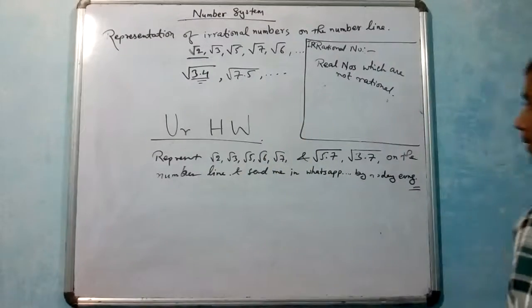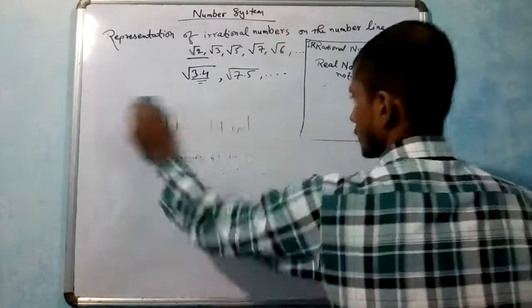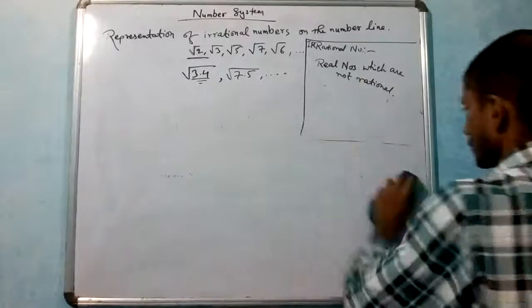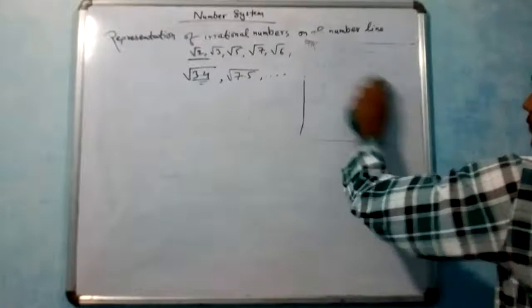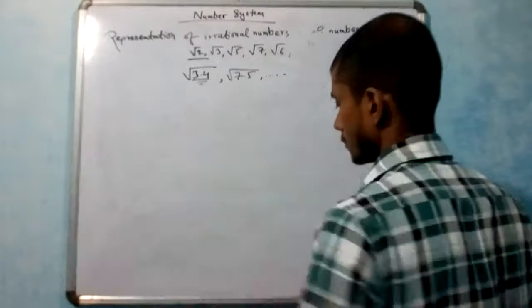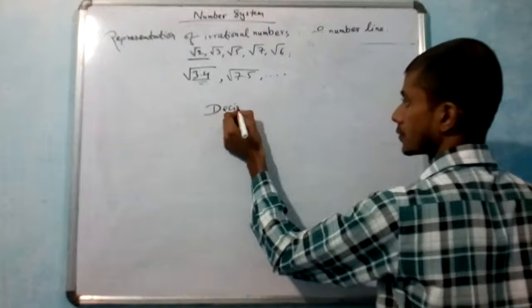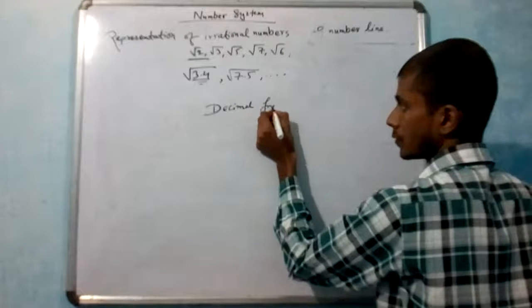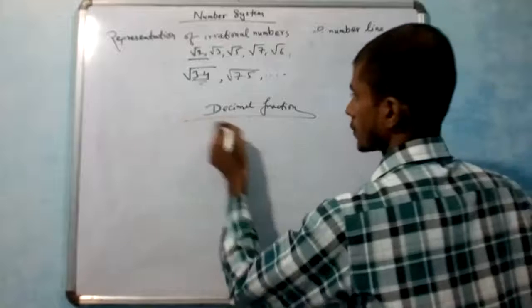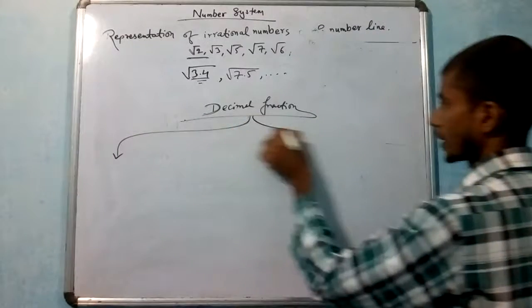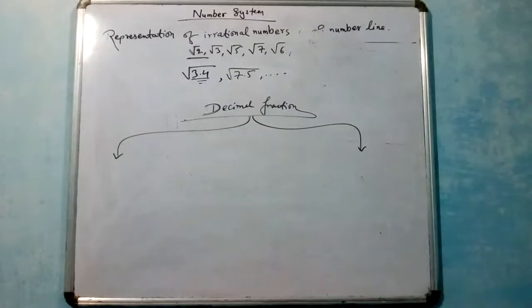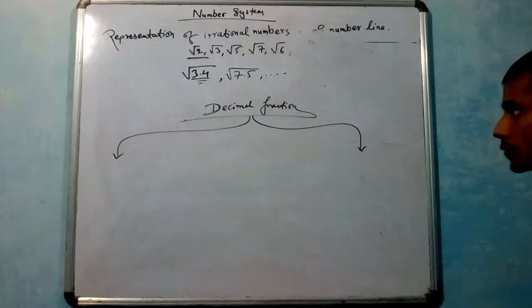Now, tell me this. The decimal fraction, types of decimal fraction. Types of decimal fraction, tell me. What are the two main types?